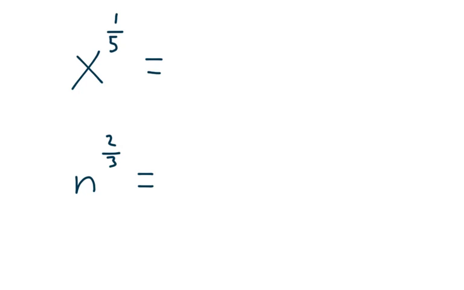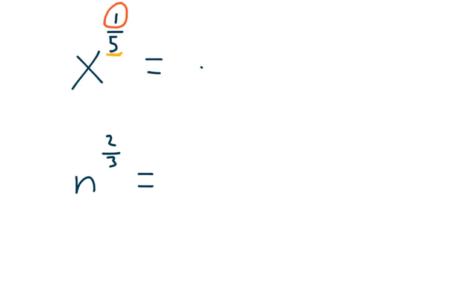Last thing we said, if there are fractional exponents, there's a way to convert those into radicals. We said that in general, the numerator, so the 1 here, will become the power of the x, and the 5, which is the denominator there, will become what's called the index.